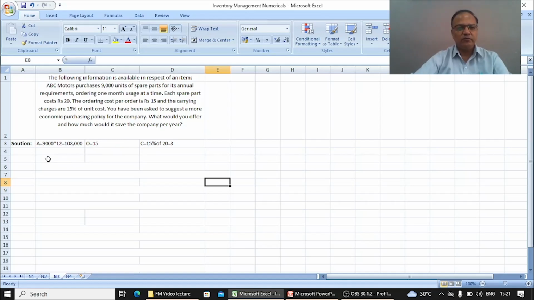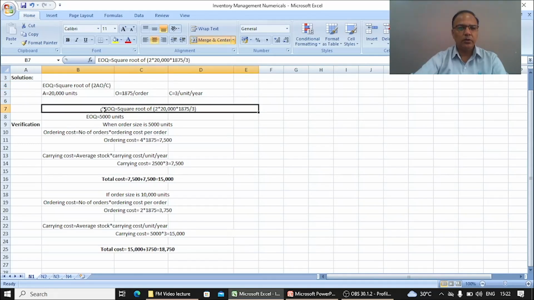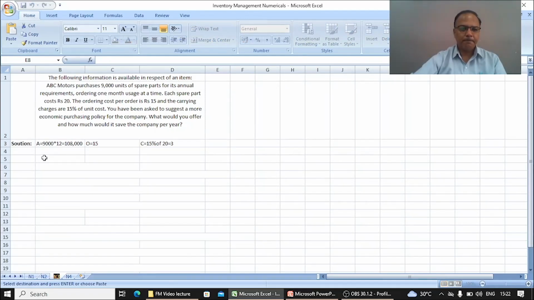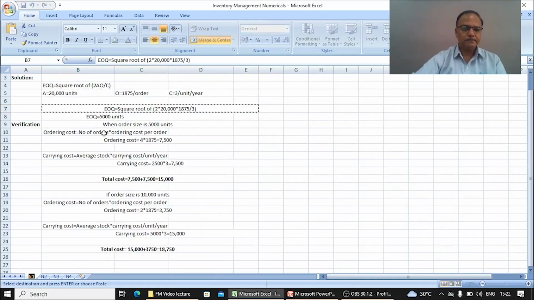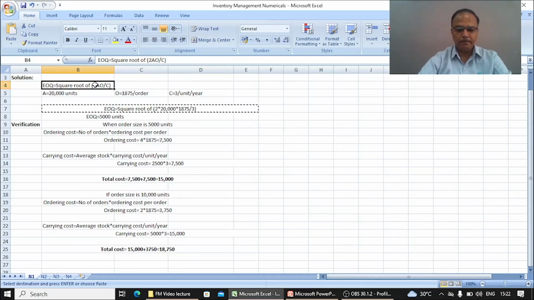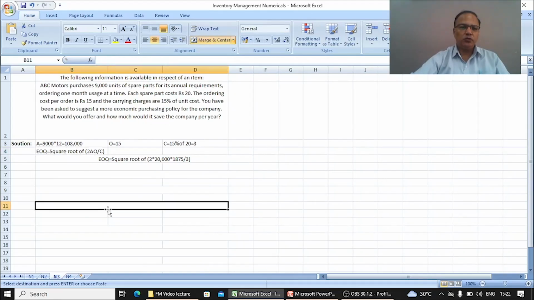Now, first of all, find out EOQ. So this is the formula of EOQ. I'm writing it here.